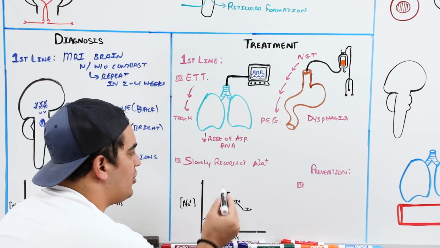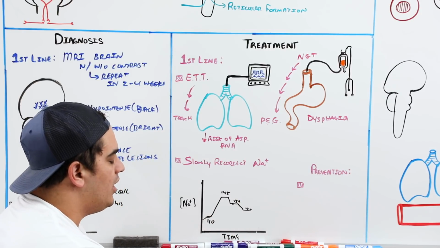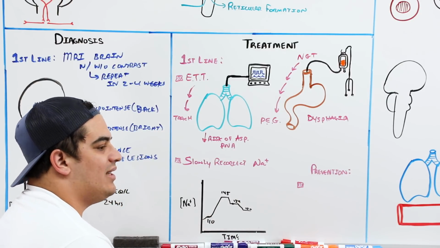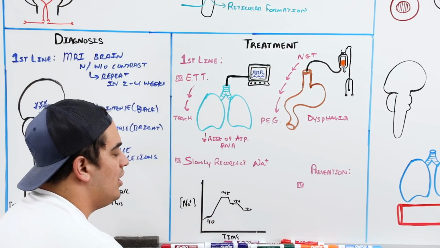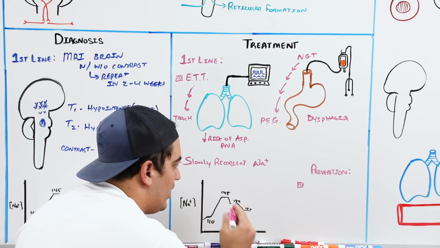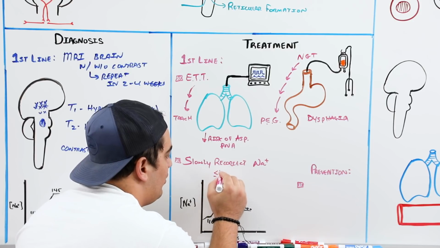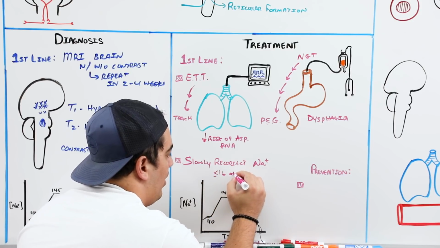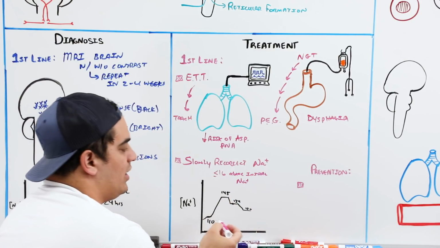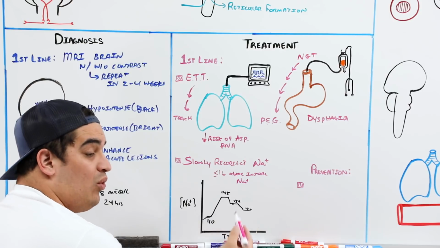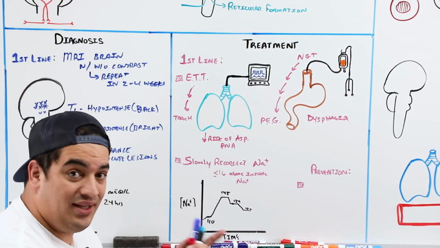The goal is to slowly recorrect the sodium to make sure that it's less than or equal to 16 above whatever the initial sodium is. So the initial sodium was 110, we lowered it to 120, that is only a 10 difference.